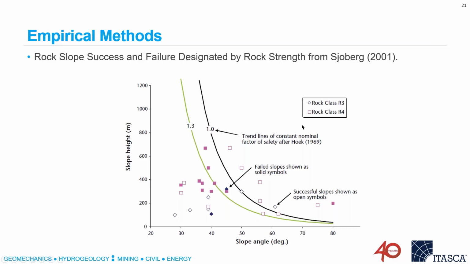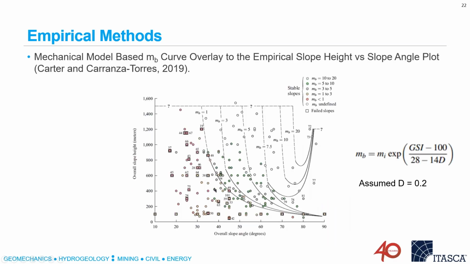And so you can see then the squares are class R4 and the diamonds are class R3, and you can see sort of where they plot on this chart.